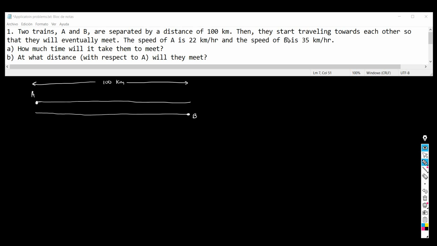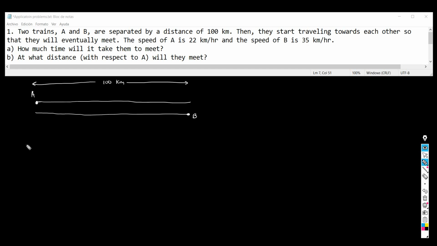Then they start traveling towards each other so that they will eventually meet. So train A will go to the right and train B will go to the left. The speed of train A is 22 kilometers per hour, and the speed of train B is 35 kilometers per hour.